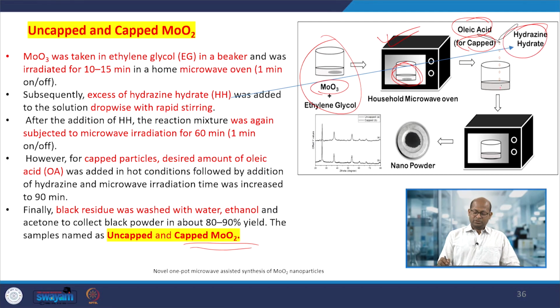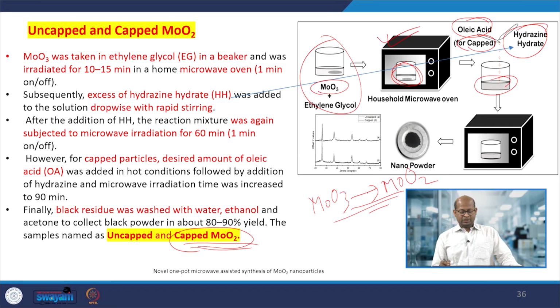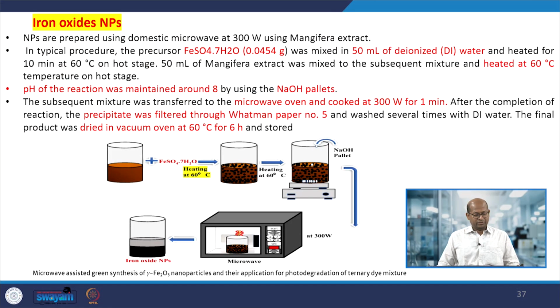Then this metal oxide would be reduced partially and we can get this type of metal oxides. So by reduction, if we use oleic acid as a capping agent, then capped MoO2 will form. If we don't use oleic acid, then it would be uncapped molybdenum dioxide that we can synthesize. So this way, means microwave assisted synthesis, we can do preparation of molybdenum oxides.